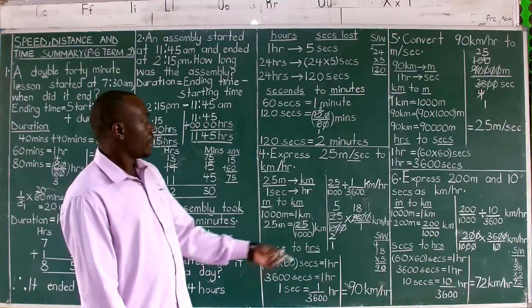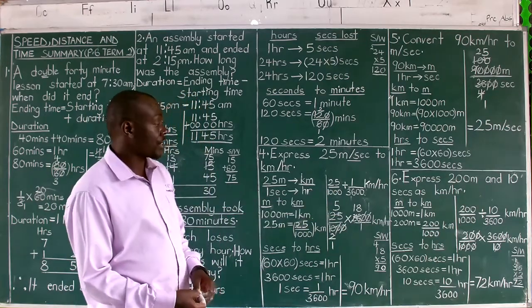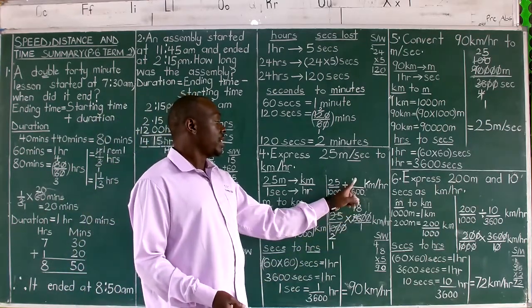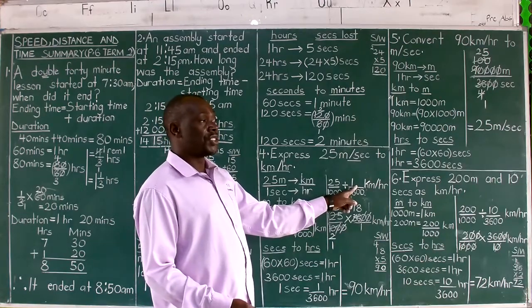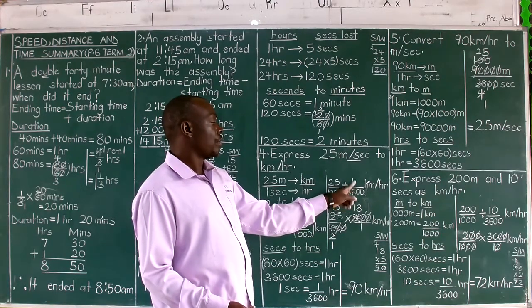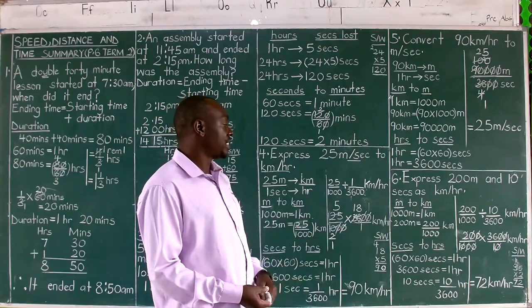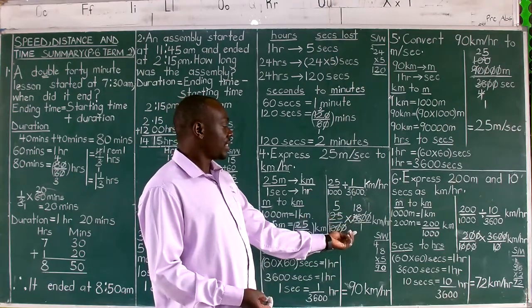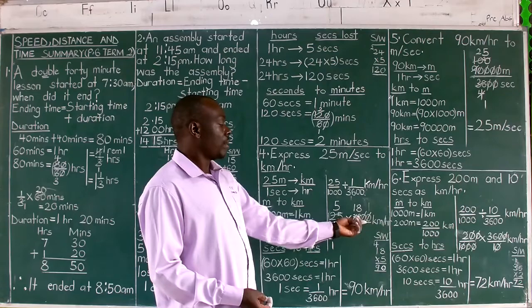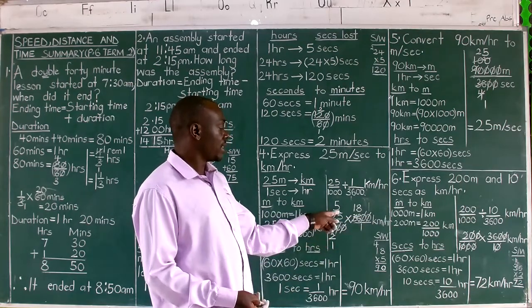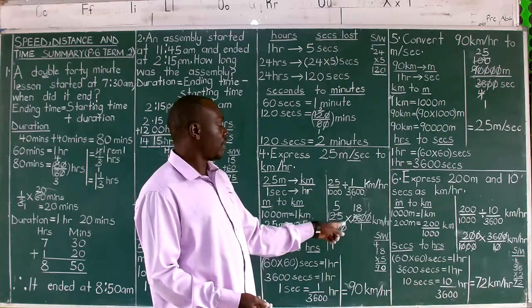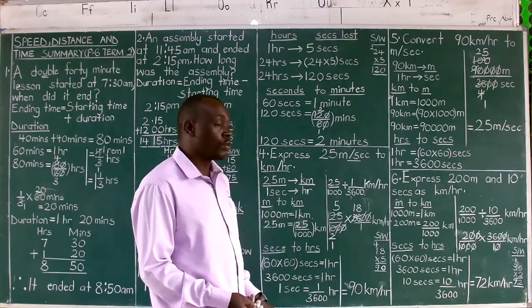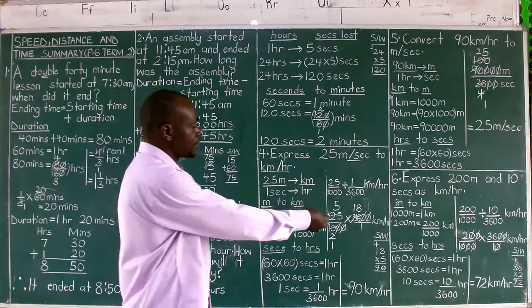Okay, now in division of fractions, we said we change the divisor to its reciprocal. The reciprocal of 1 out of 3,600 is 3,600. If you want to say out of 1, so you say 25 out of 1,000 times 3,600 out of 1. Answer in kilometers per hour.